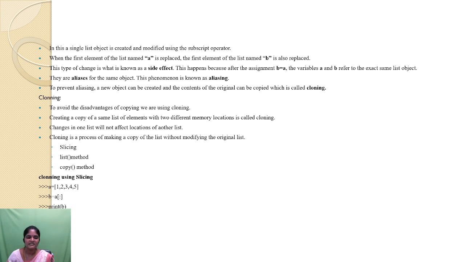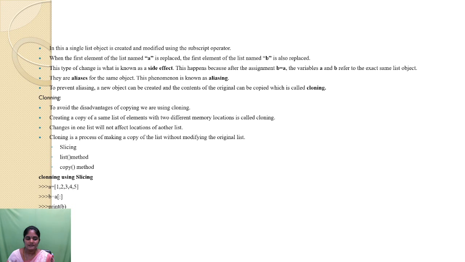The disadvantages present in aliasing are removed in cloning. In the aliasing operation, both lists can be present at the same memory location. But in the cloning operation, one list of elements is copied to another list, and both lists have different memory locations. That is called cloning.